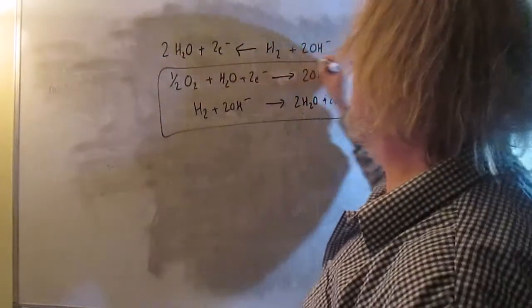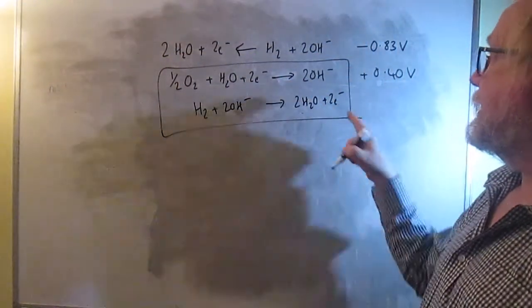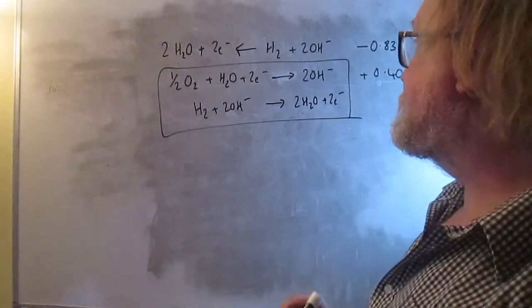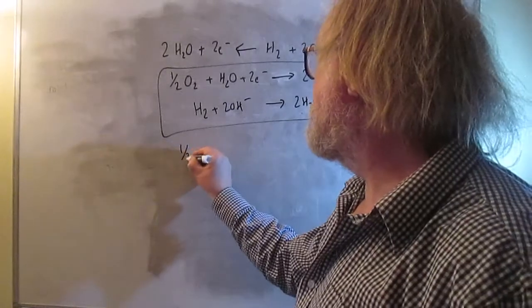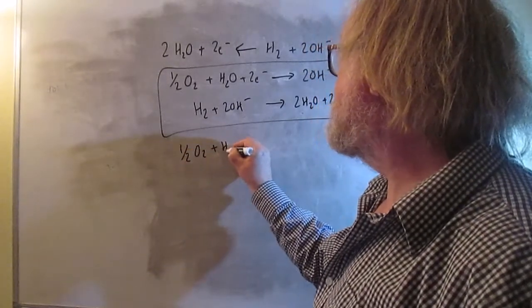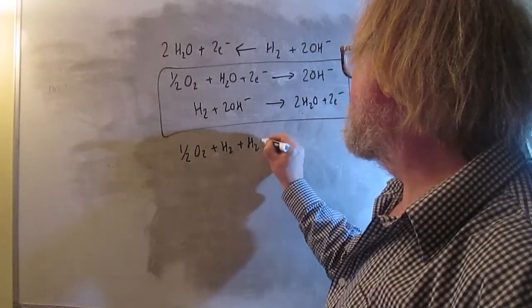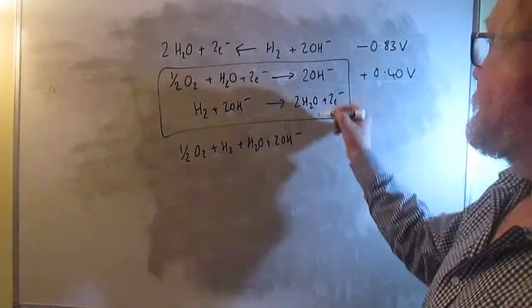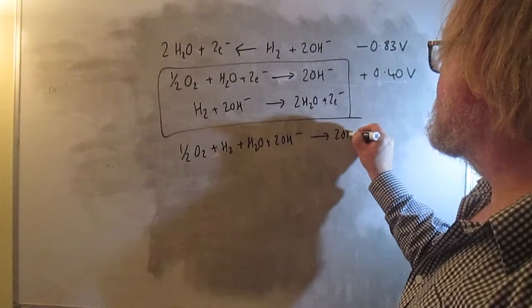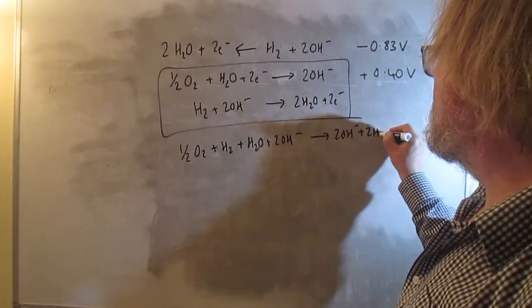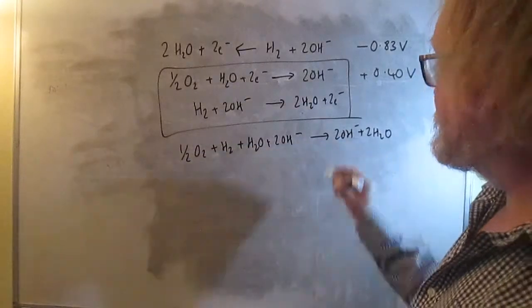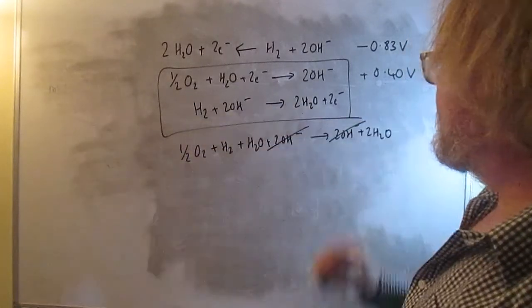And then we can combine those two together. The electrons, we've already got 2 in each, so we don't need to do any multiplying. We can just add them together directly. So we get half O2 plus H2 plus H2O plus 2OH minus goes to 2OH minus plus 2H2O. And then we do a bit of cancelling. You can see we've got 2OH minus on each side, so they cancel out.